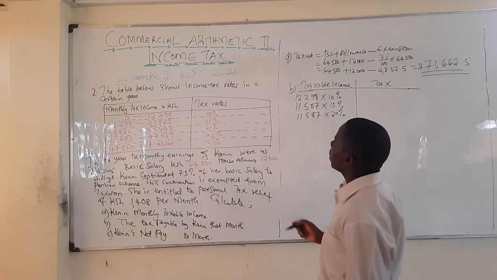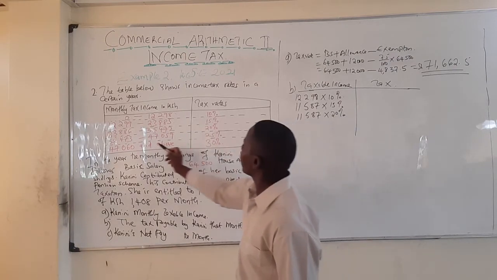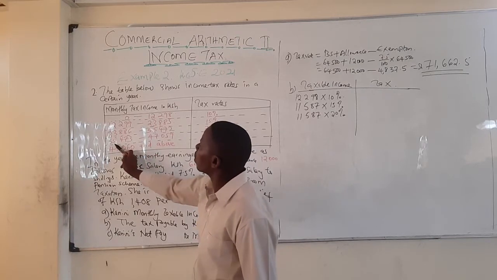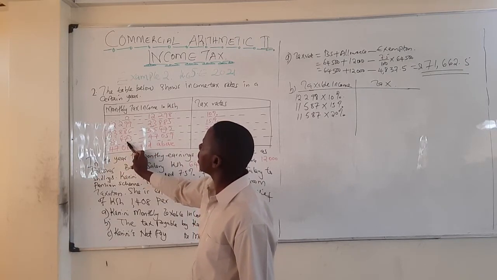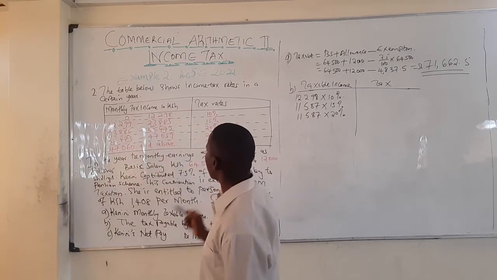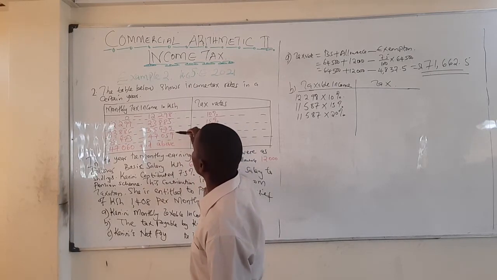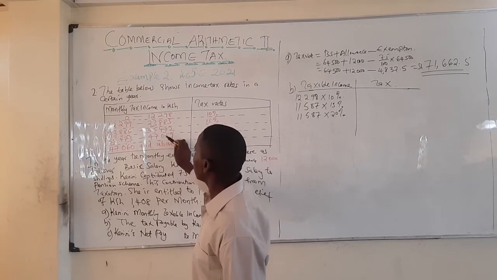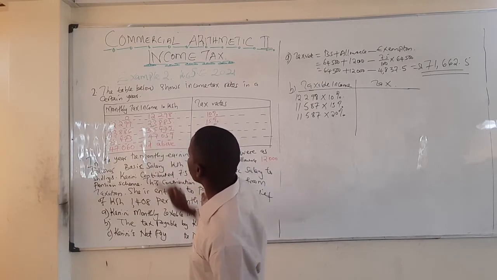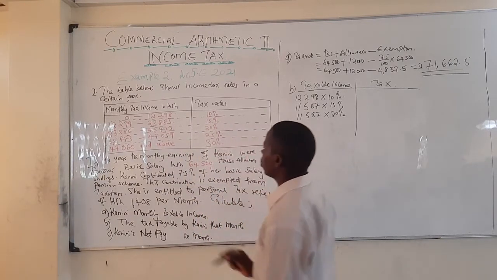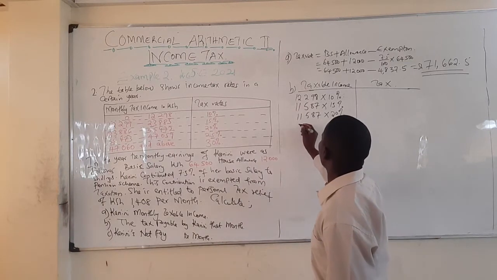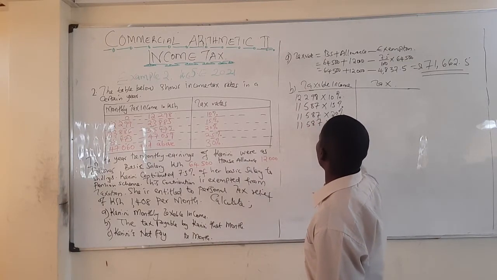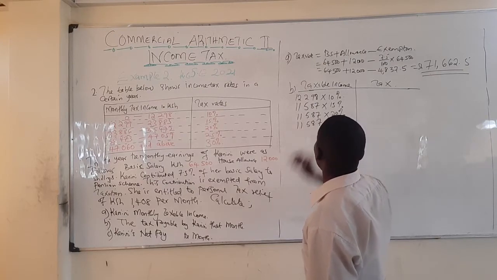Then whatever you're going to tax in the fourth bracket is from 35,473 to 47,059. To get the value, you subtract these two, 47,059 minus 35,472, and you're going to get the same value here, 11,587 times 25%.